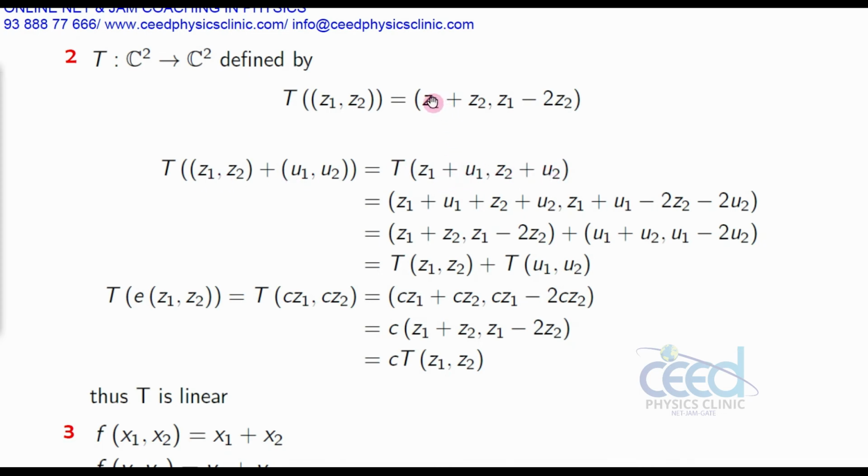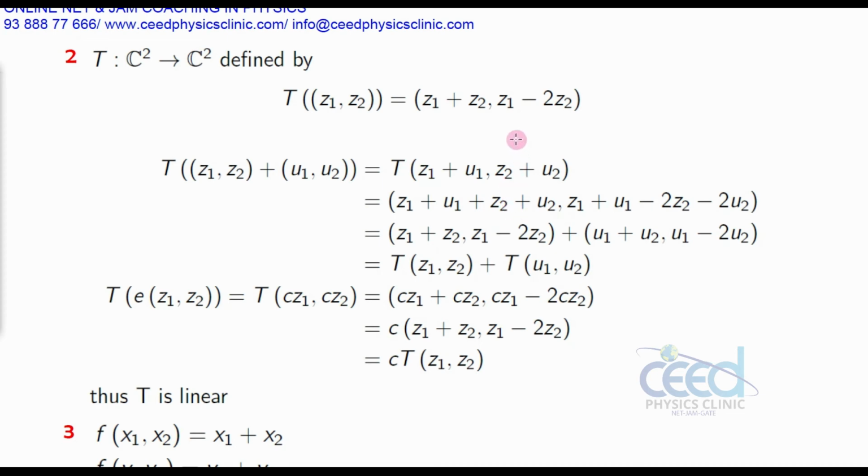Then the first term is (z1 + u1) + (z2 + u2), and the second term is (z1 + u1) − 2(z2 + u2).